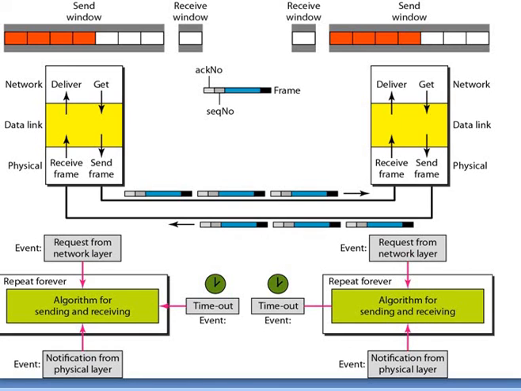A frame has an acknowledgement number as well as a sequence number. Frames flow from sender to receiver as well as from receiver to sender with acknowledgement number and sequence number. Events occurring at the sender side and the receiver side are the same, that is request from the network layer, notification from the physical layer, as well as the timer event.